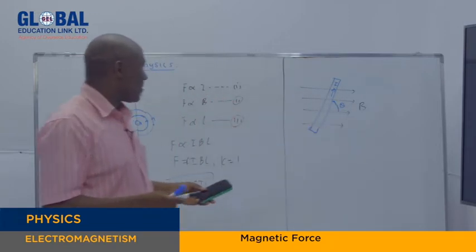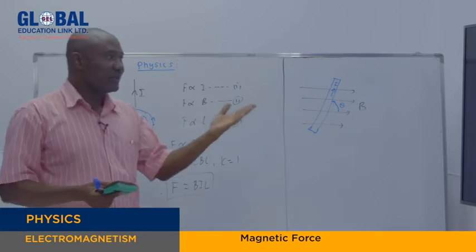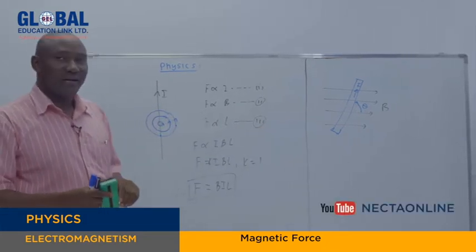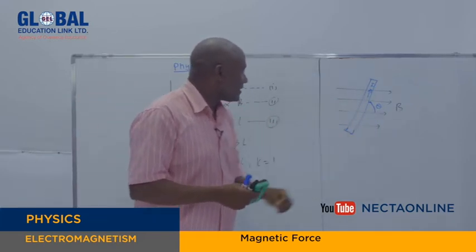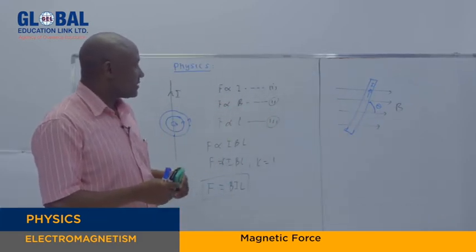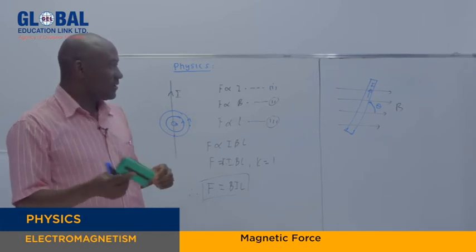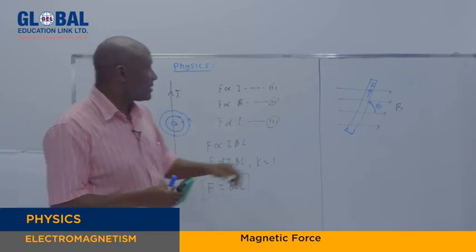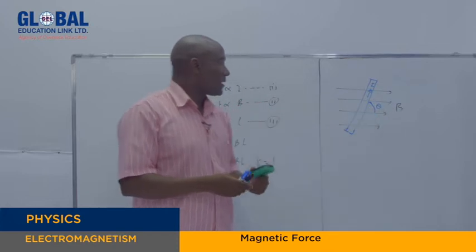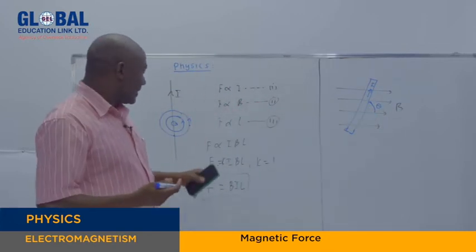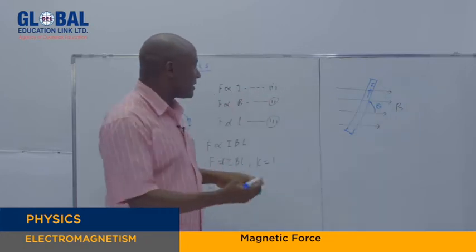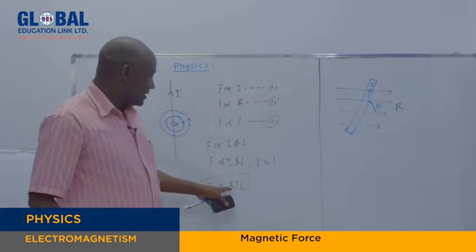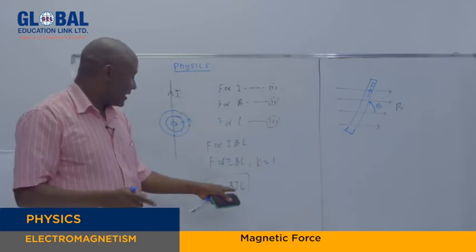Remember, when you are stating the formula, the quantities must be at right angles. B is acting in the horizontal like that, and the current is given.